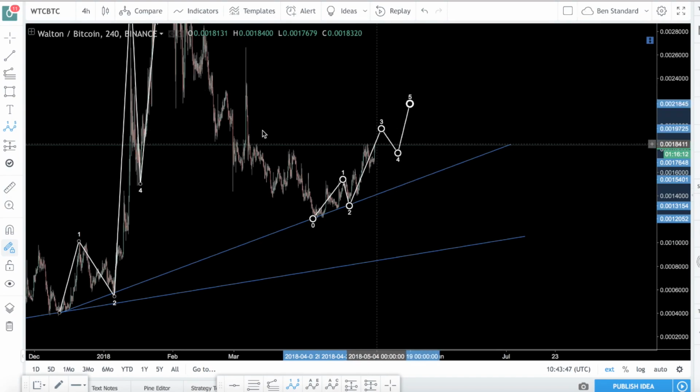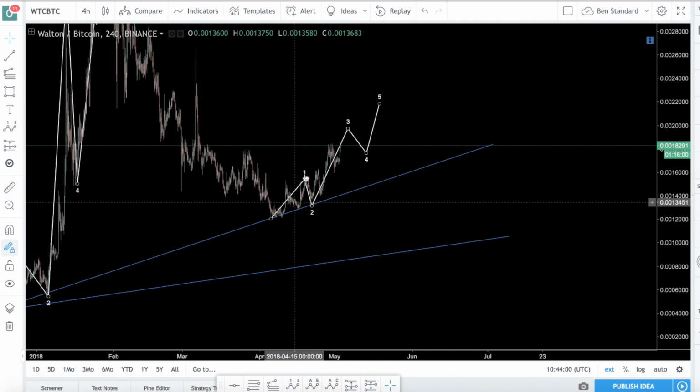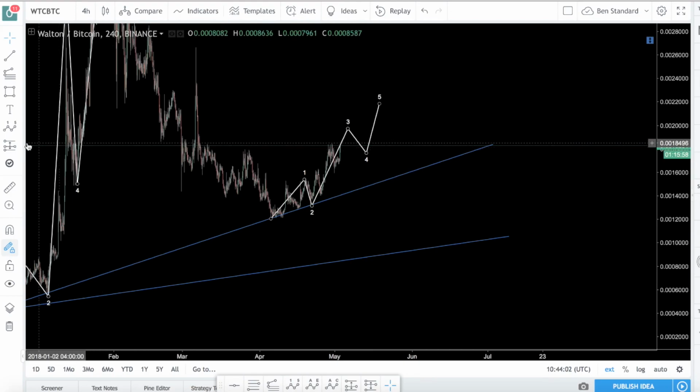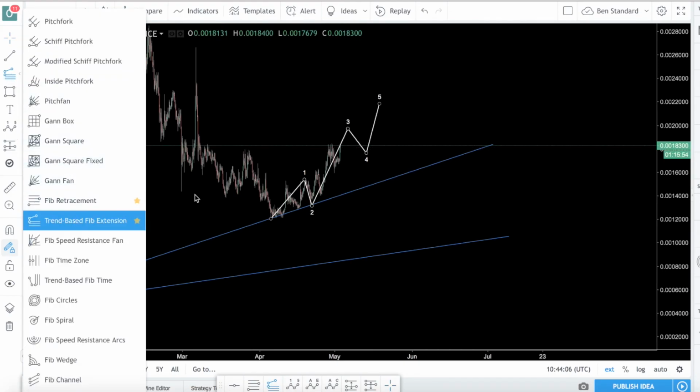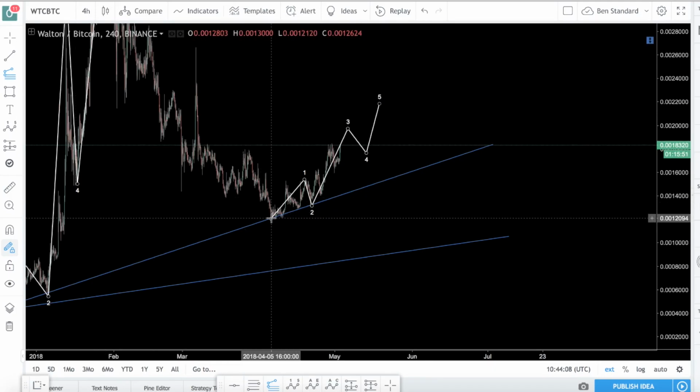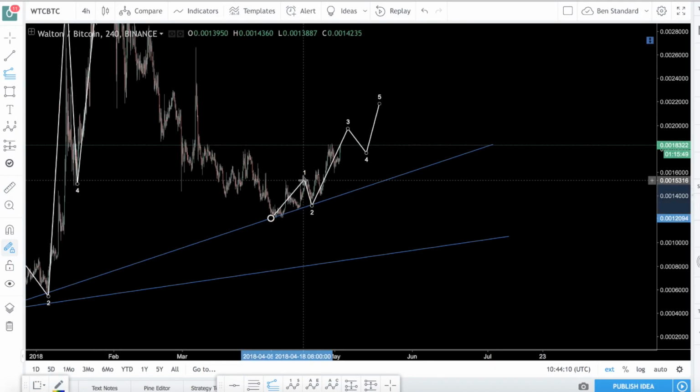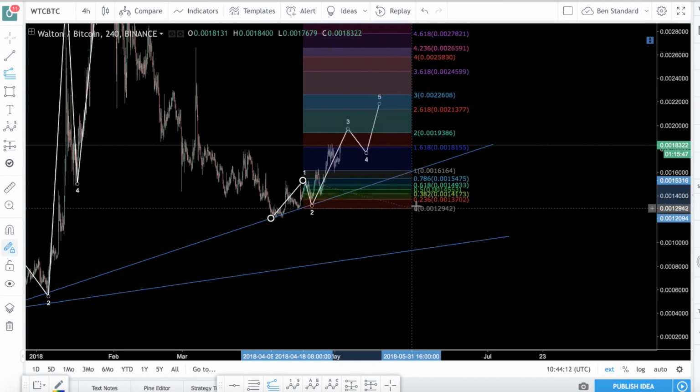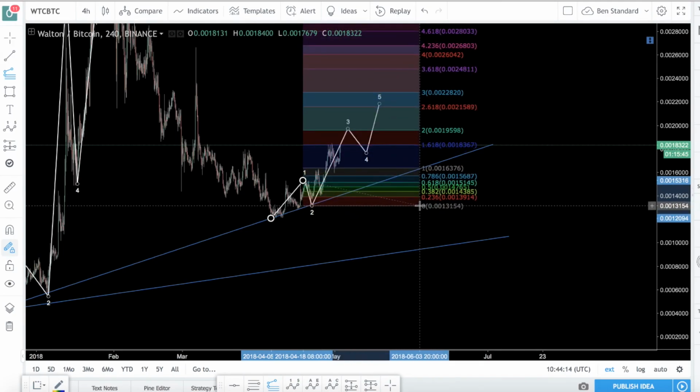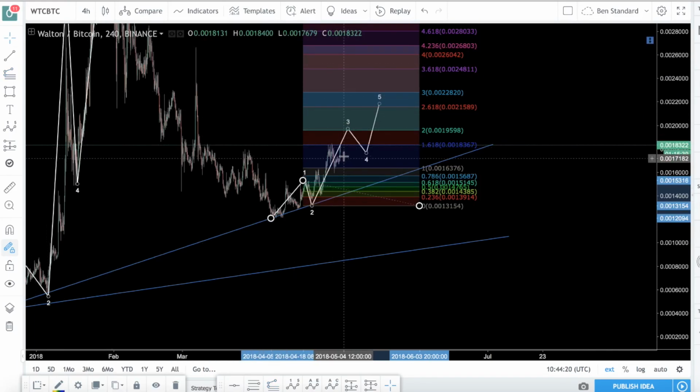So I'm gonna place it here, and now that we have 5 waves here, we can use this tool, trend-based Fibonacci extension, and we draw it from the bottom of the first wave to the top, and then to the bottom of the second wave. And the third wave usually ends at the 1.618 area or the 2.618 area.